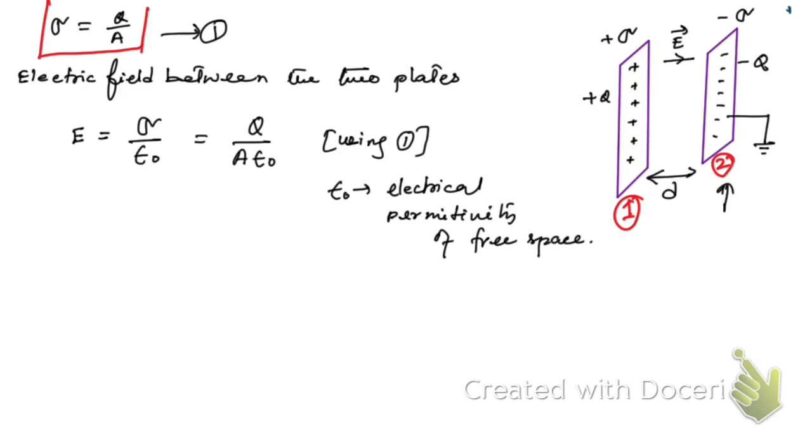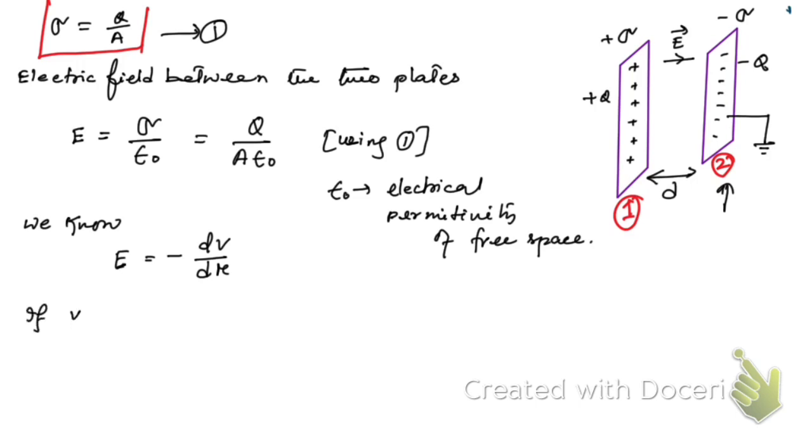Now we also know the relation between electric field and potential. Electric field E is the negative gradient of V, minus dV by dr, the derivative of V with respect to r.